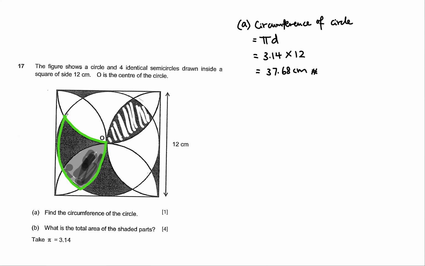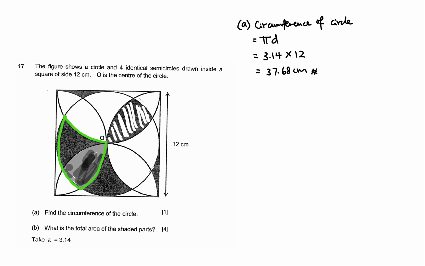And this shape is actually repeating throughout our circle 4 times without any overlap. Which also means the area of one shark's fin is equivalent to the area of a quarter circle. And that's going to be the method for us to find the area of our one shark's fin. Okay, so that's one part done.